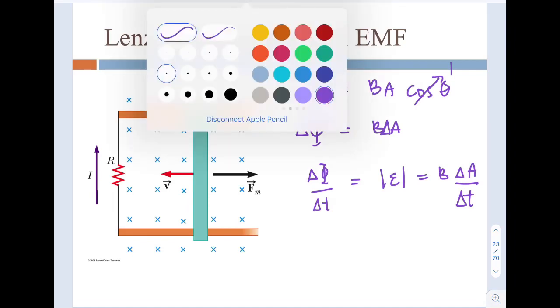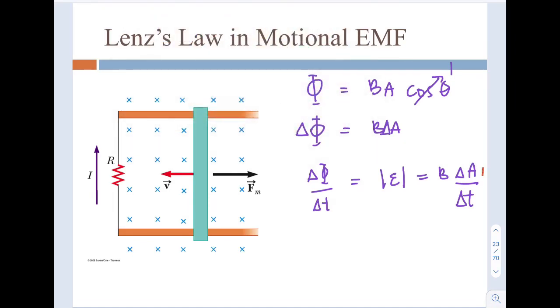The A is decreasing, so the flux is going to be decreasing. That is why the F magnet is to the right, so that the area will be maintained. Because the induced things don't want to change. That is the keyword.